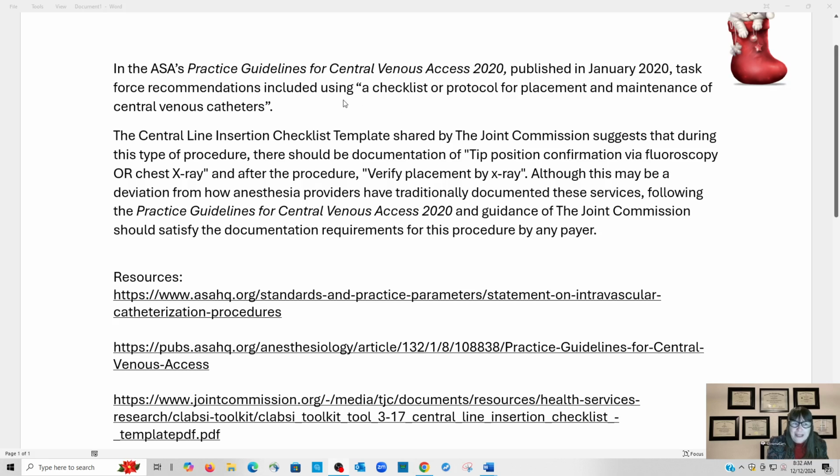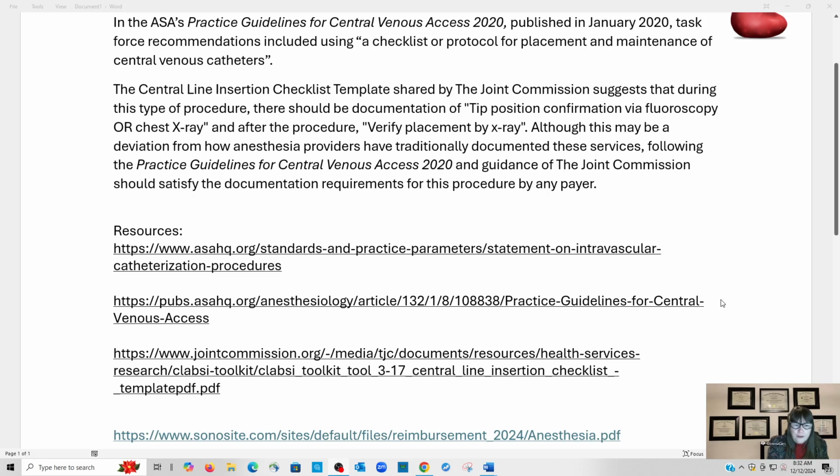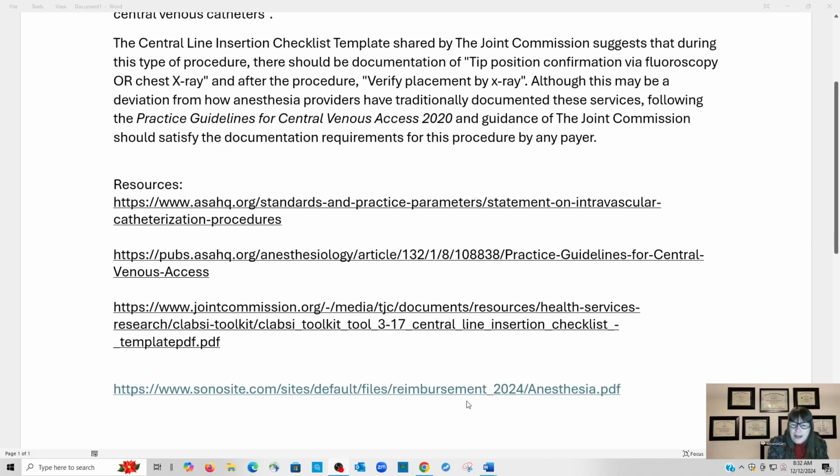I'm going to give you the resources. I'm also going to include, they update this maybe every year, so what I give you for 2024, check back to see if they update that in 2025. As I said, this one's been around since it looks like March of 2017.